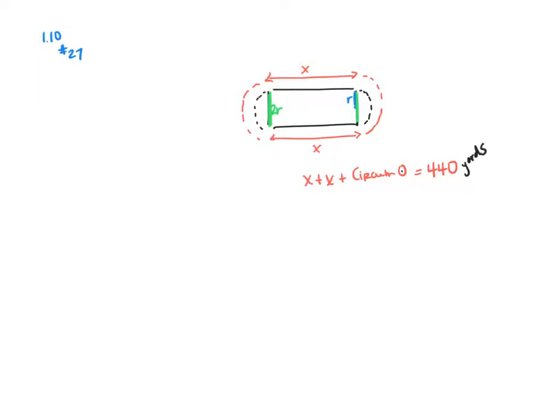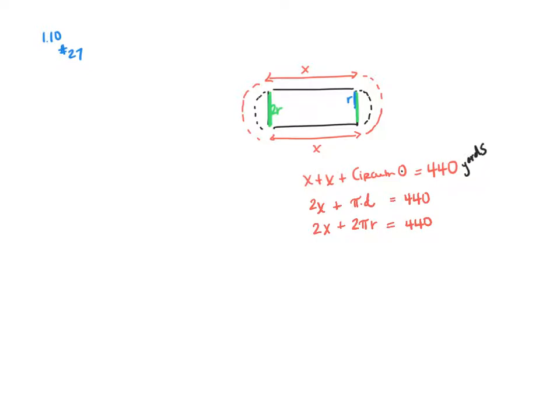We know that x plus x is, of course, 2x. We know that the circumference is pi times diameter, but you can write that as 2 pi r, because the diameter is 2 radii. And all of that is going to equal 440. And so basically I'm using the concept of perimeter.